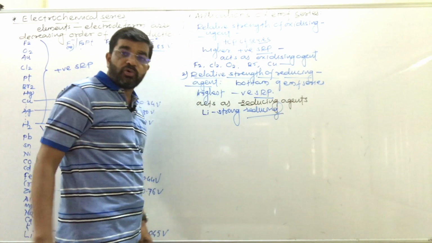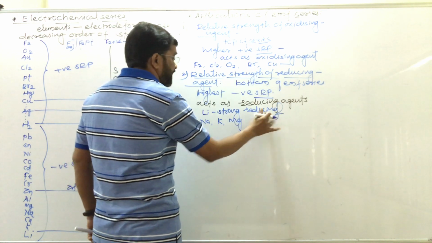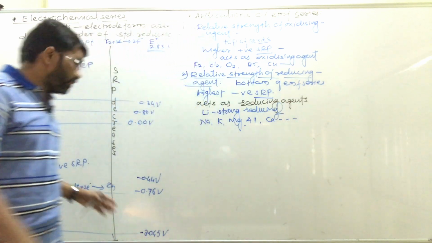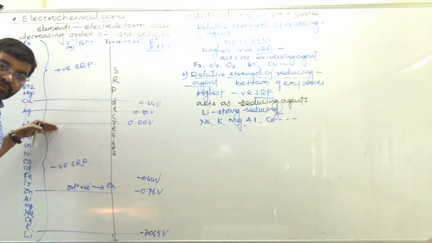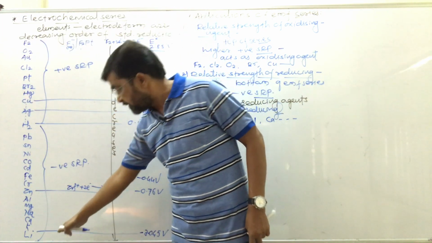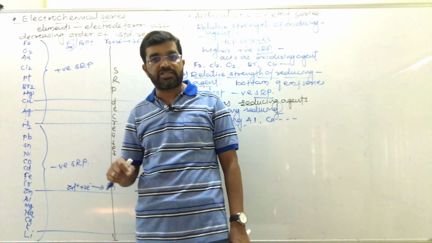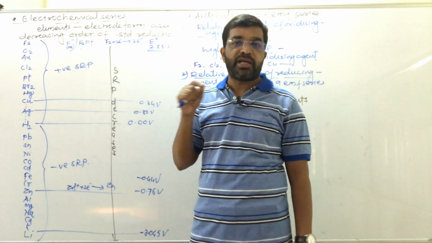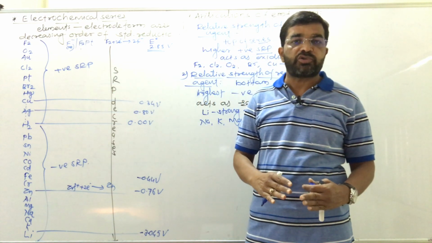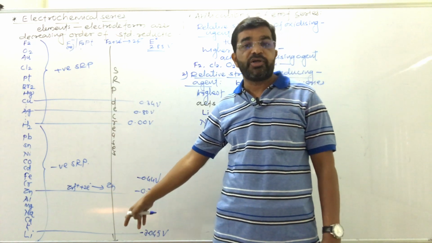Other elements like sodium, potassium, magnesium, aluminium, calcium, which are placed below hydrogen in this series, are reducing agents. They have the highest negative value of standard reduction potential, so they readily undergo oxidation, and they act as strong reducing agents.